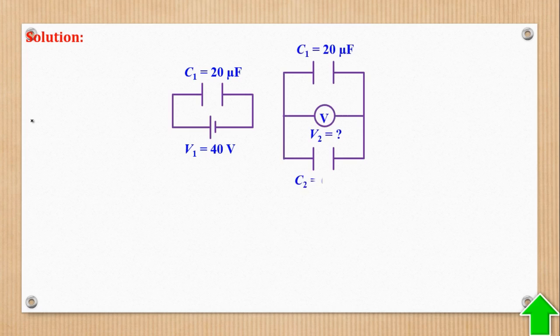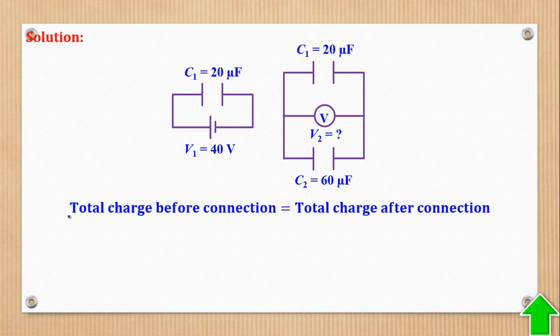When that happens, the PD will reduce to a PD V2, which we don't know yet. But what we know is that the PD will be the same in both capacitors. And 2, we know that the total charge before connection will be equal to total charge after connection. Therefore, we shall remember that total charge before connection is equal to total charge after connection.